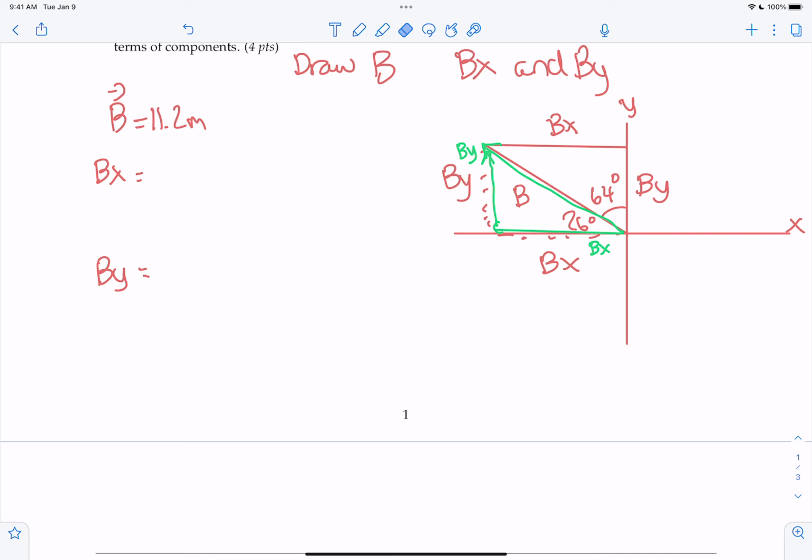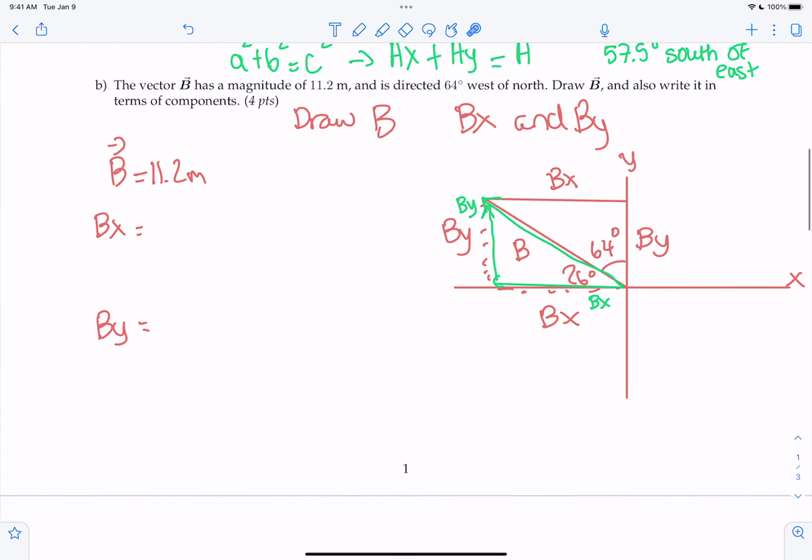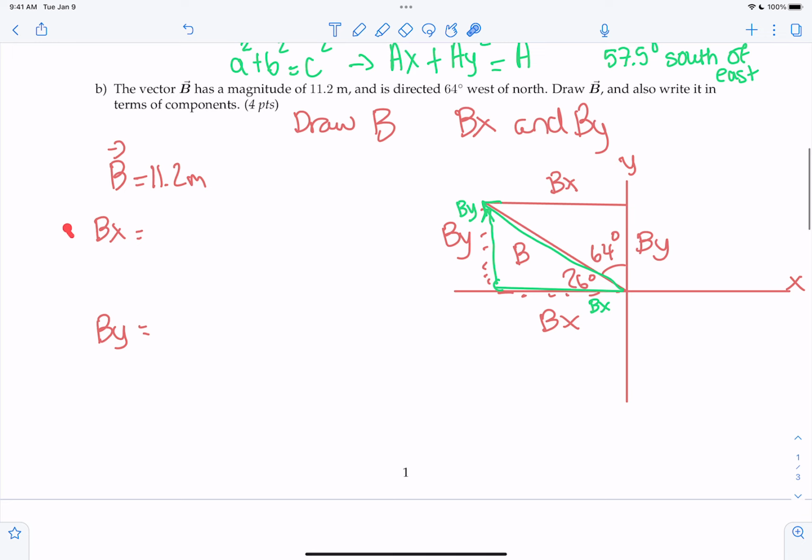Oops. Well, there goes the answer there. But yes, I believe both answers would be acceptable, because what they're asking you to figure out is just the components bx and by, and they're going to be correct regardless of what angle you use, because 26 degrees plus 64 gives you 90.